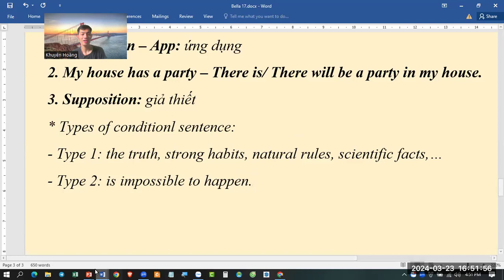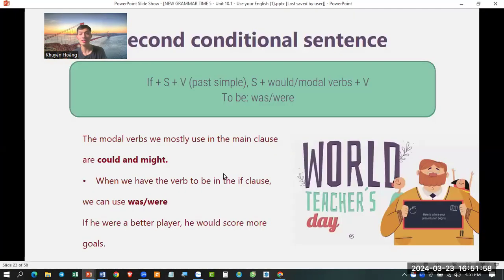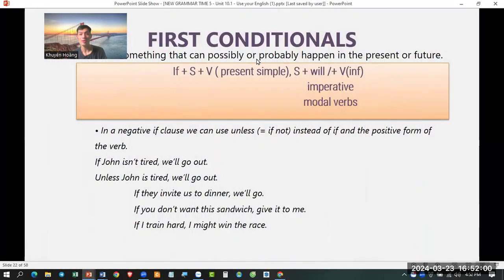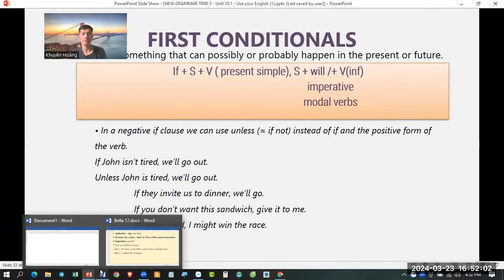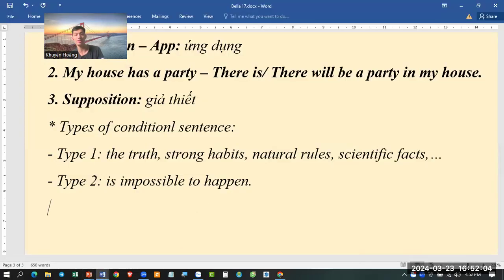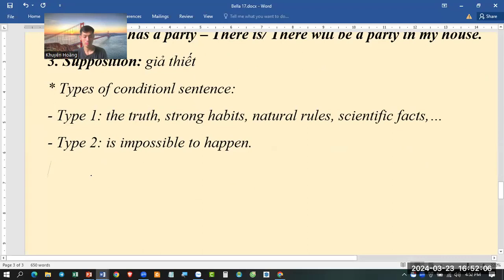How did they write here? It possibly or probably happens. Possibly or probably, it's the same. No, no, no. This is type zero here. That's wrong. This is type one, and it is type two.